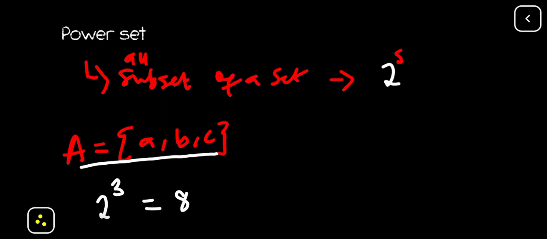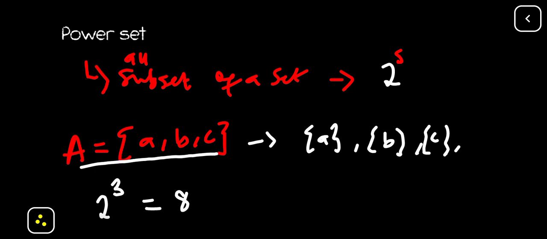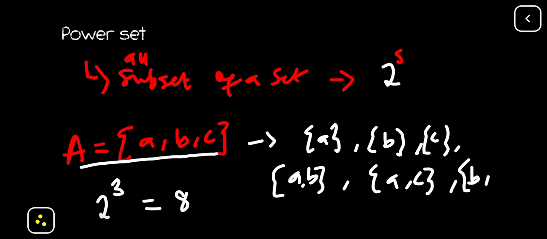Now, from this set A having elements A, B, C, we can get the subsets, as a list of them: one is A, one is B, and you can also get C, and you can get A and B. You can get that from this set. You can get AC also. You can get BC, all right? And we've covered almost all.